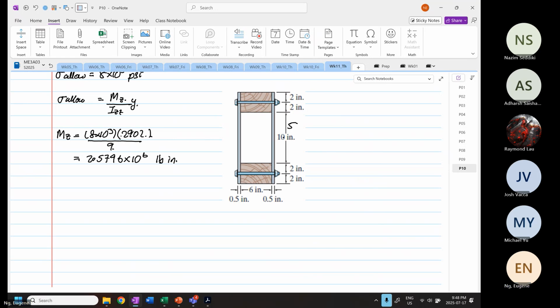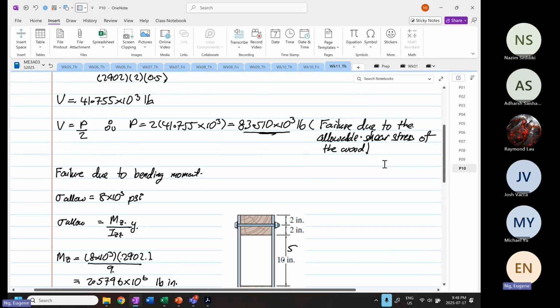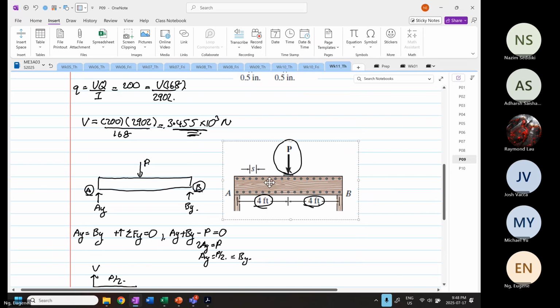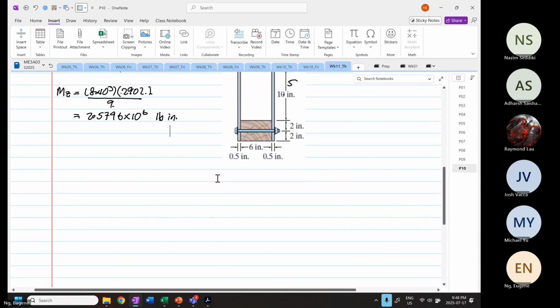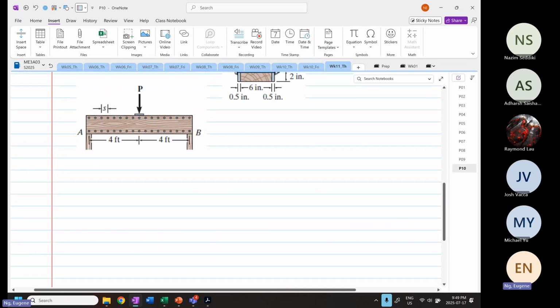Okay, so if we were to look at the cross section of our member again, right, we are going to stop our analysis. This is equal to P/2 at point A, right?